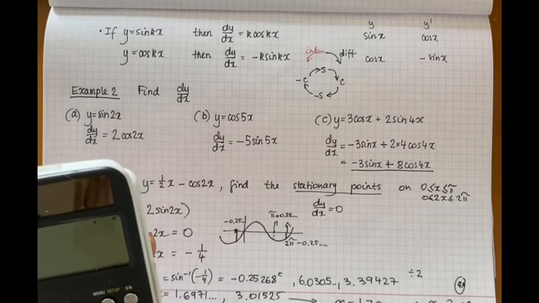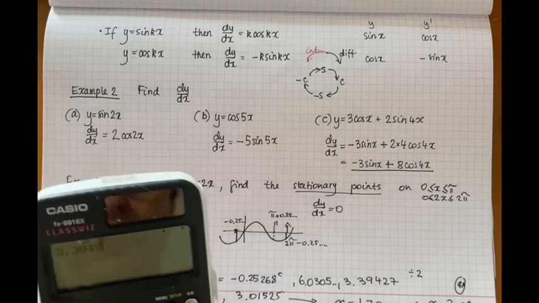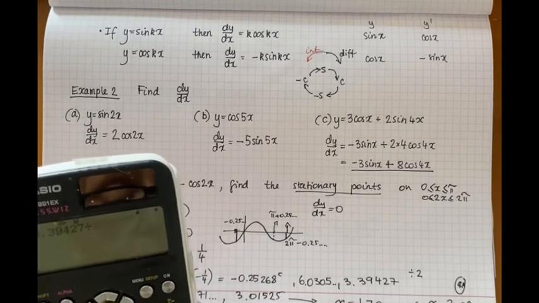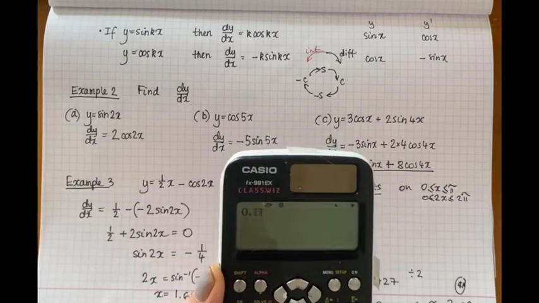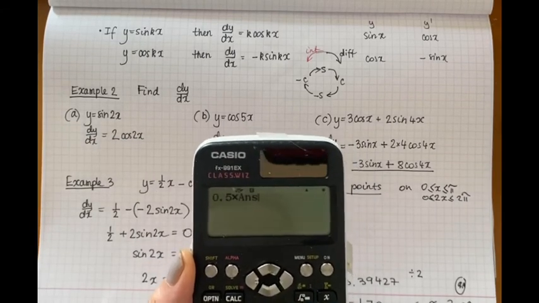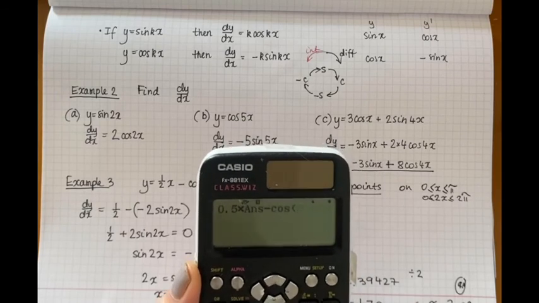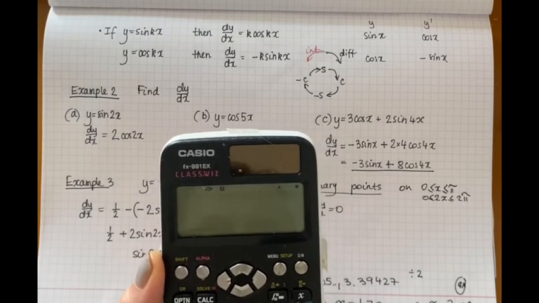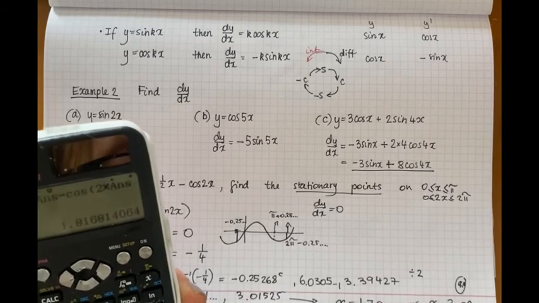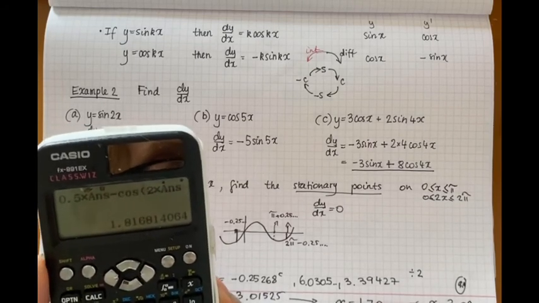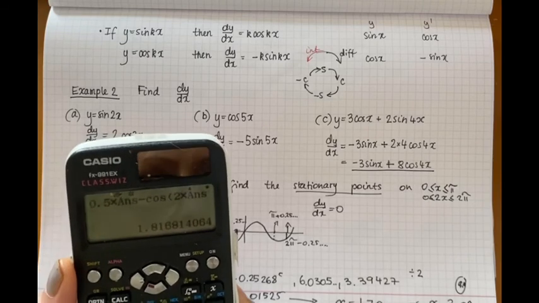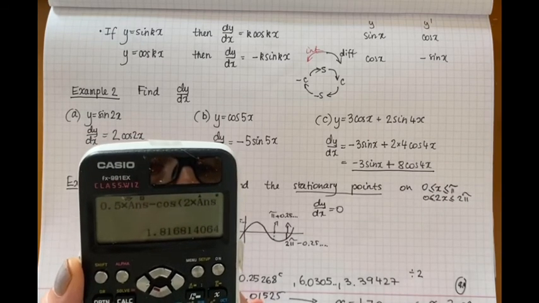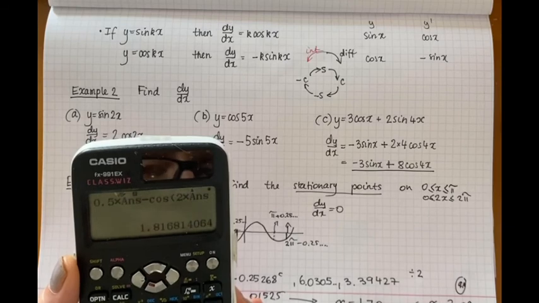It was 1.6971, divide that by 2. So let's sub it into the function, 0.5 times answer minus cos 2 times answer. I wouldn't use the rounded answers; just use more accuracy, at least one more degree of accuracy, to find the y coordinates.